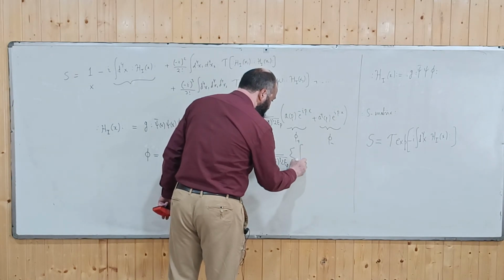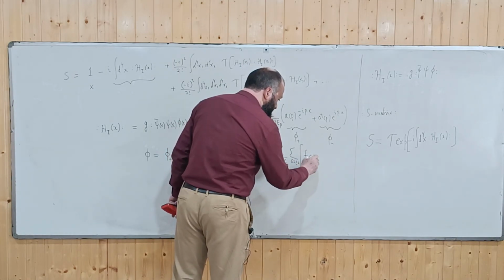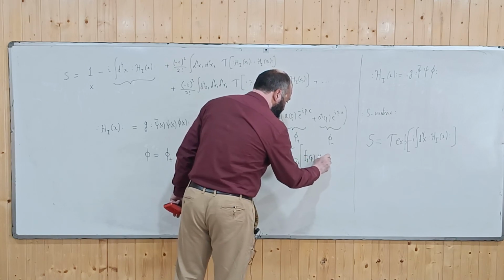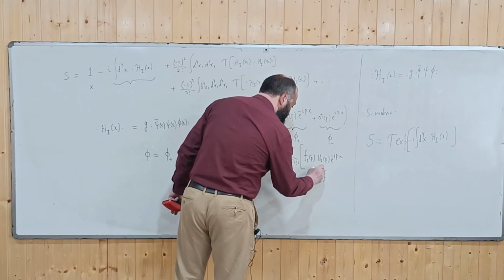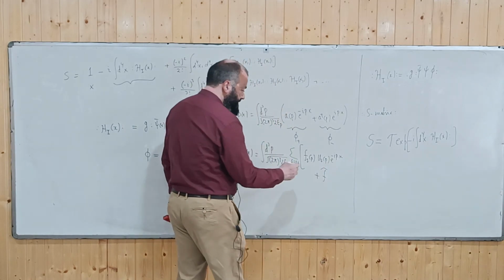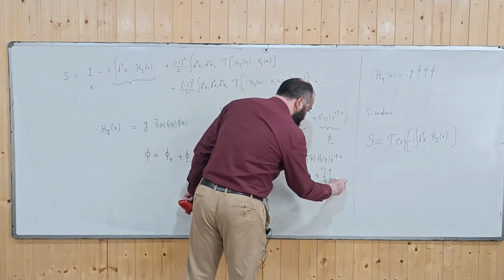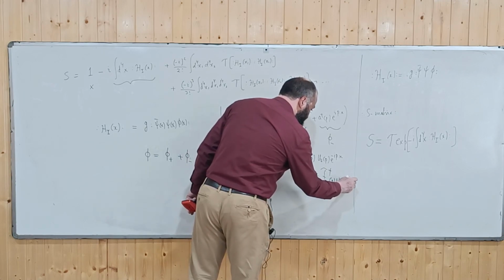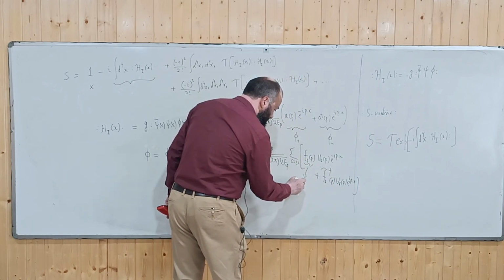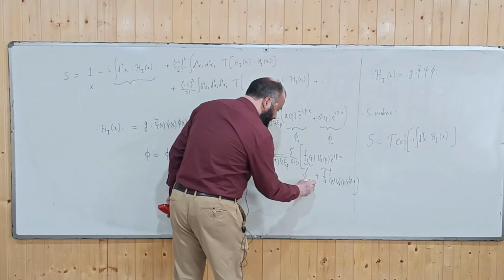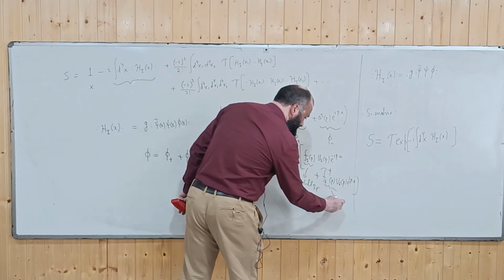Okay, so you are having, if you remember, sum over s of b_s of p u_s of p e raised to minus i p dot x plus d dagger_s of p v_s of p e raised to i p dot x. So this is actually the annihilation of fermion, annihilation of electron, and this means creation of positron.